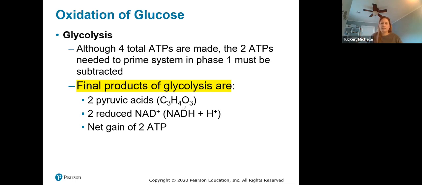And then you also ended up with 2 reduced coenzymes. So far with glycolysis, we're at a net gain of 2 ATP. And if you remember, we need to get up to 32. That's the total ATP that can be produced from glucose.